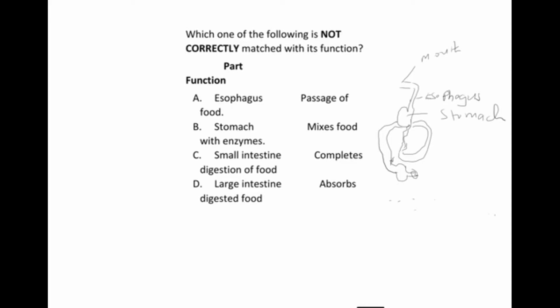So the stomach produces gastric juice that is produced in the walls of the stomach and helps in digestion of protein.